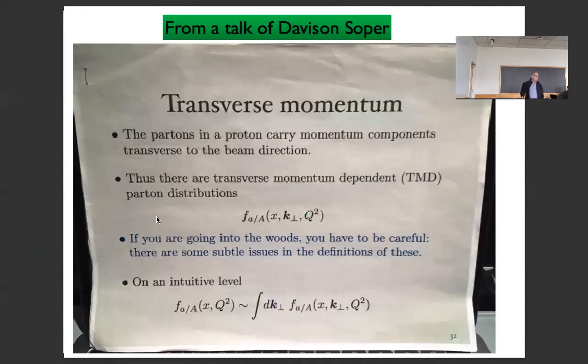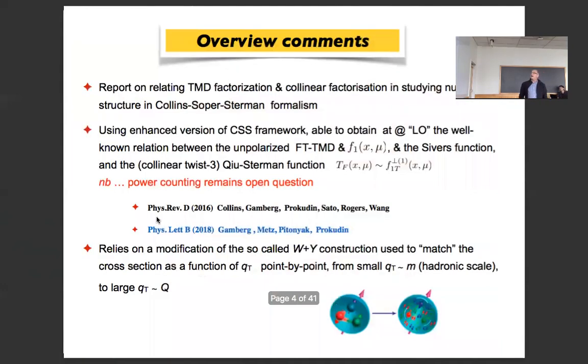On an intuitive level, and in parton models and model building, people use this relationship. I'd like to argue that using an enhanced version of the CSS formalism, we can get a better understanding of this relationship, if there is one that's rigorous.